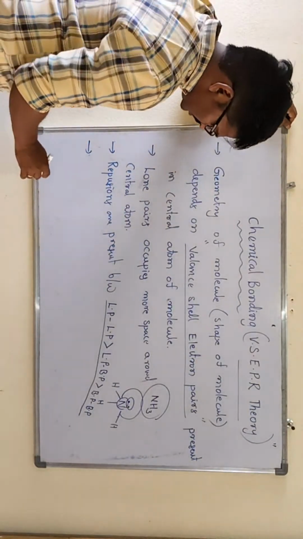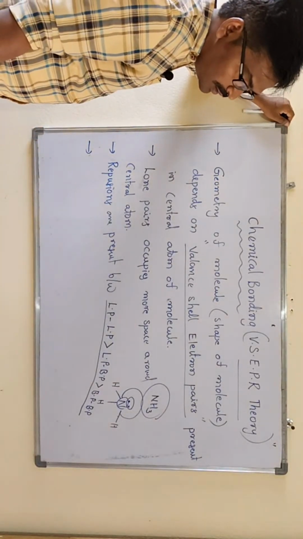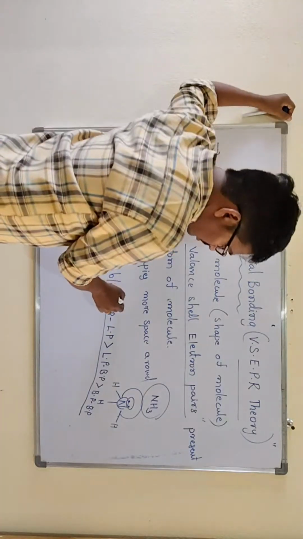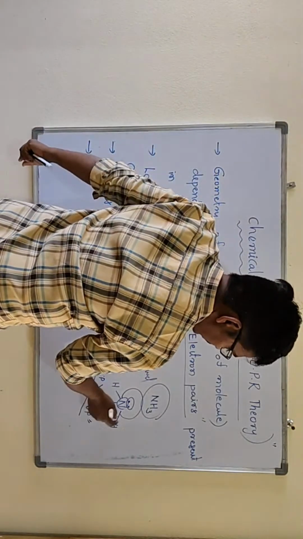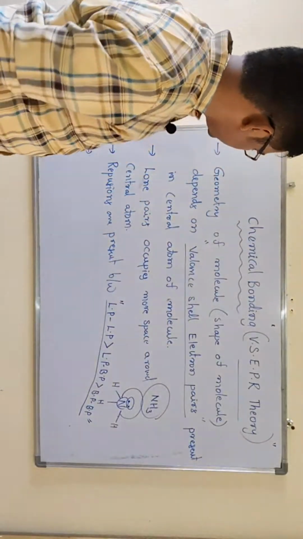The next one. Bond pairs and lone pairs, both, if you observe, mainly determine the shape or geometry of the molecule at the central atom.